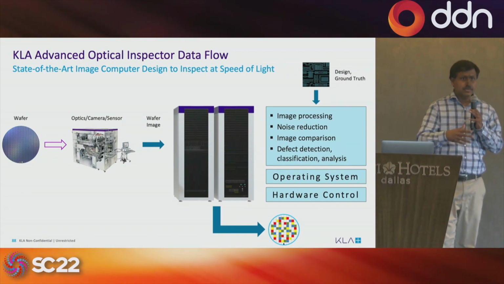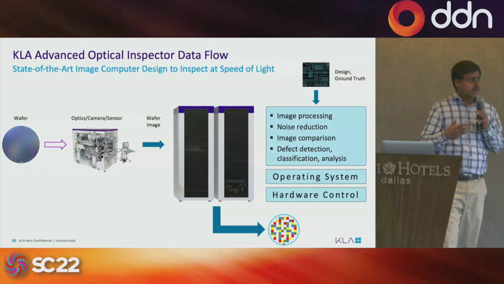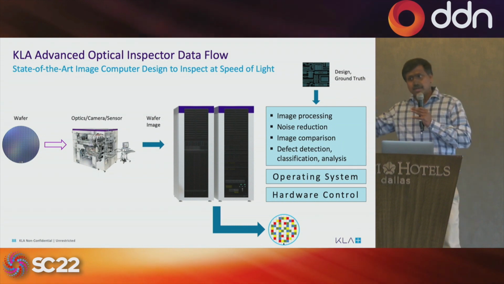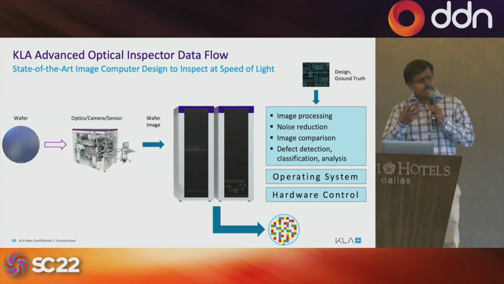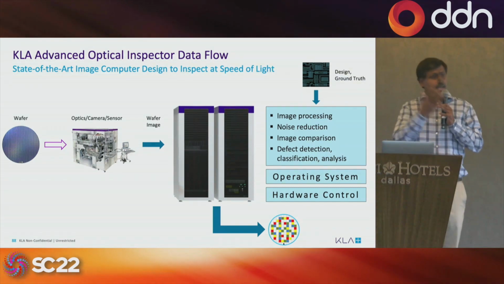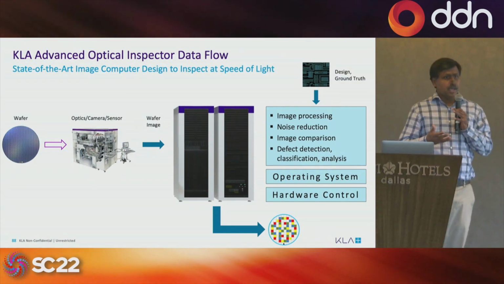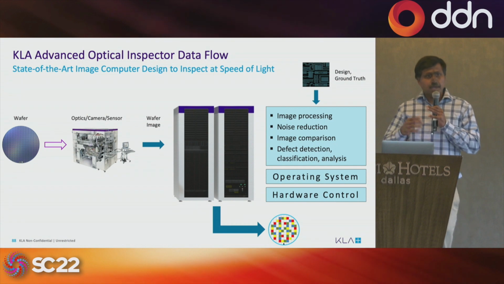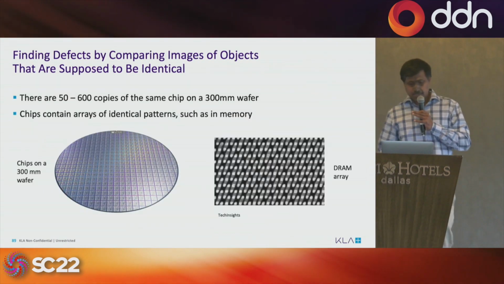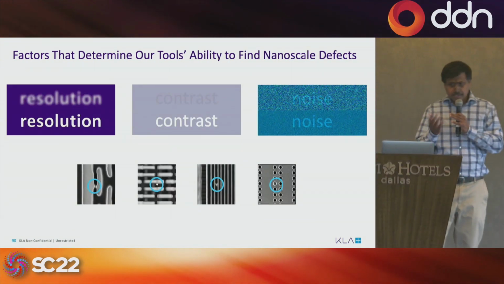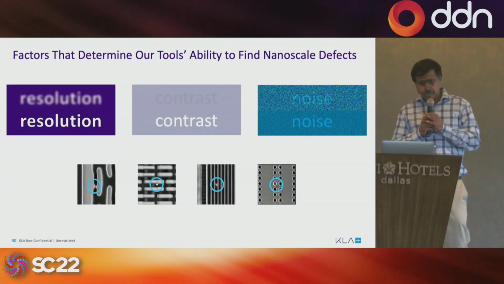We have to continuously align these two together, because as we go through the different layers, the design truth changes. So we have to align that. That's a challenge that we handle. That's another approach on how we find the defects and how we do various measurements that are critical for our customers. Right? And these are some of the factors that we look at.